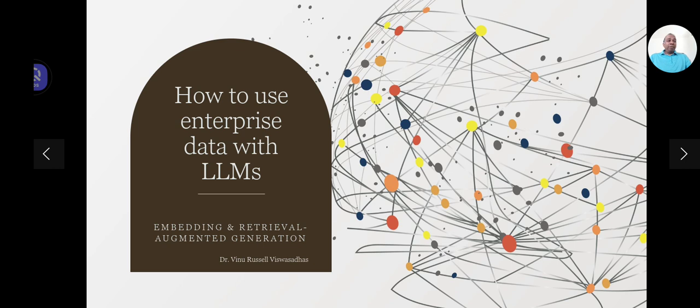Today we are going to learn about incorporating your own data with large language models. What I mean by that is that ChatGPT and Google Gemini, these large language models, are very good with conversational English.